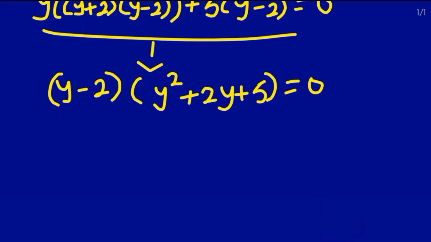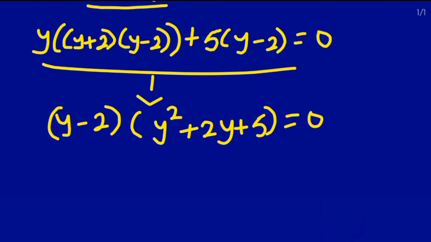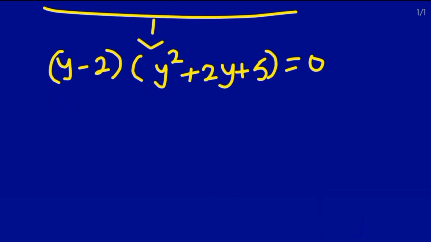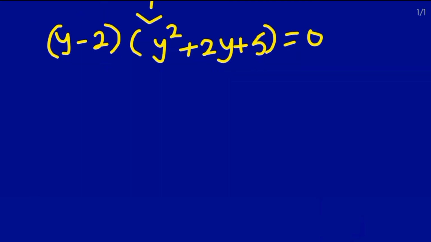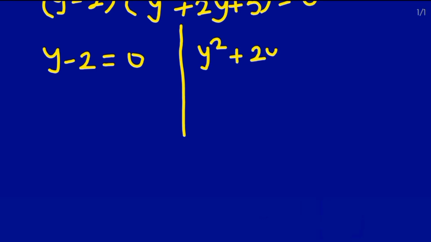Now if you open this bracket, it will take us back to this equation. So now since we have this, we can solve for the value of y. We have double answers of course. We have that y minus 2 is equal to 0, and here we have y squared plus 2y plus 5 is equal to 0.